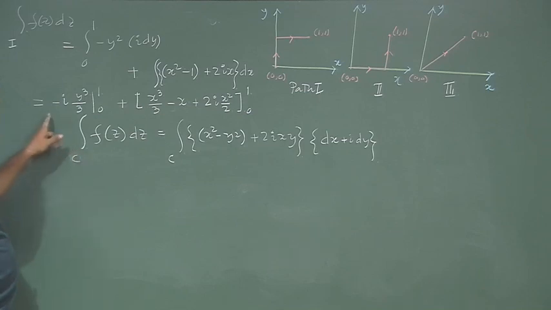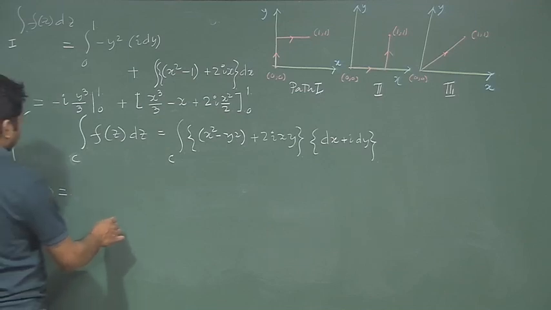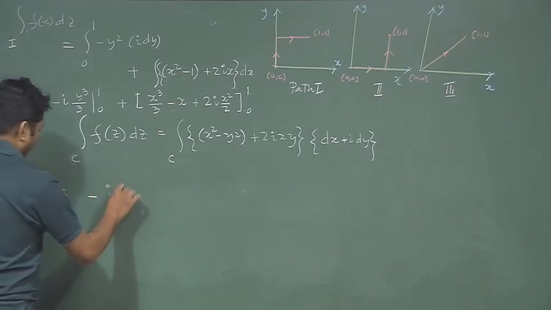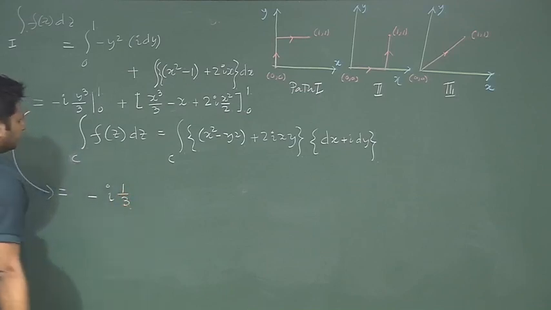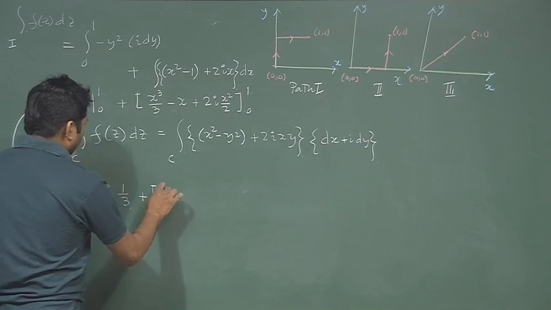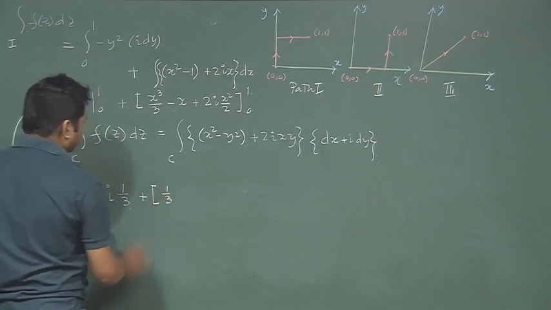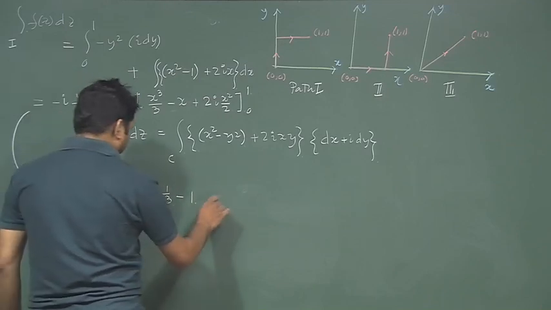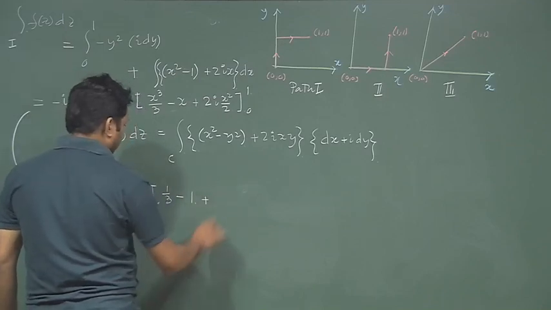Fine. So, let us go back here. I need this, so I am not going to erase that. This quantity, if I put the limit, will be minus I times 1 by 3. This quantity will be plus 1 by 3 minus 1 plus I.